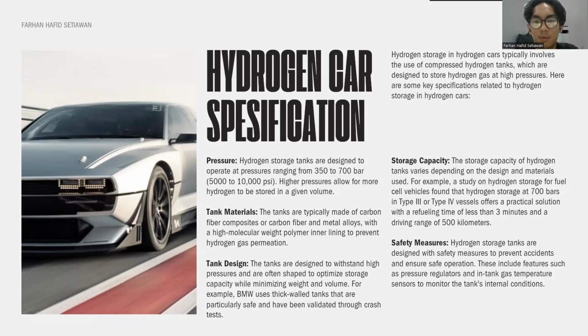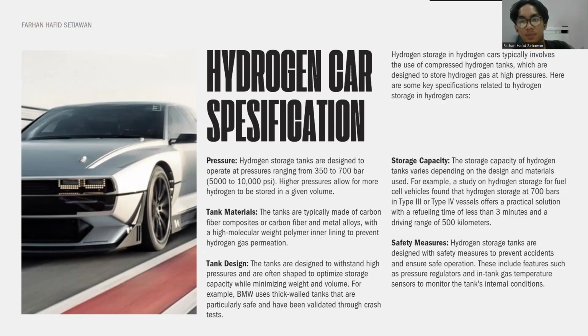For example, we use thick-walled tanks that are particularly safe and have been validated through crash tests. Because hydrogen is very dangerous, you must mention safety in the first place, because it can burn and is flammable.